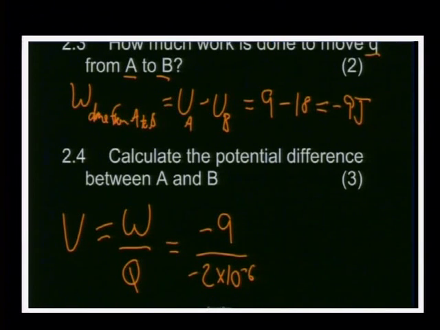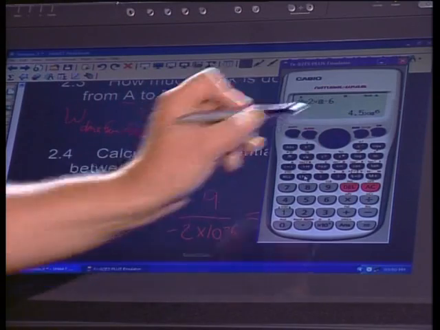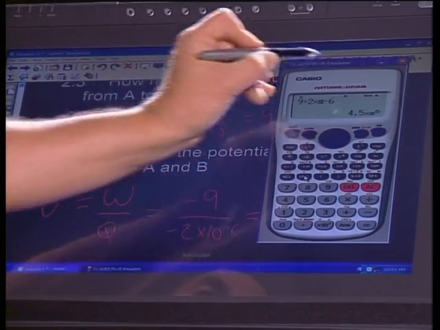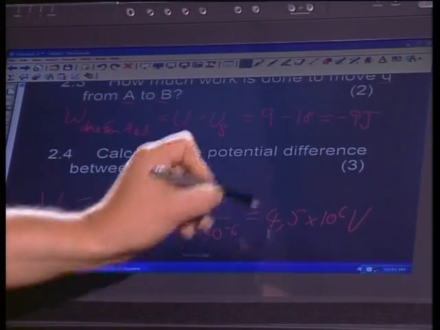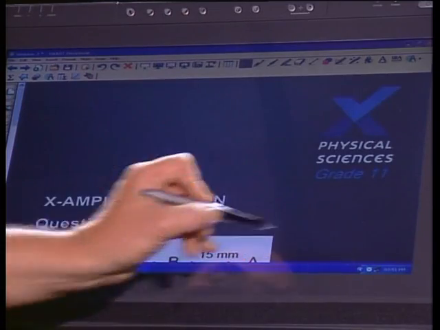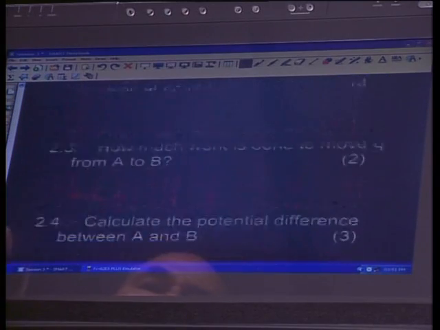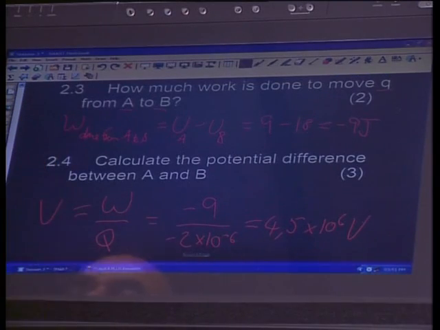So in scientific notation, we can do it 4,5 times 10 to the 6 volts. Just show that to you again. If you're not sure how we got that, if you do the calculator there, 4,5 times 10 to the 6, the calculator does it for you, and you've got it right. Okay, so that's the potential difference, because what we've done is divide the work done by the charge.